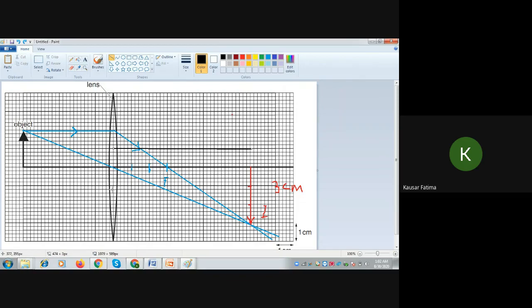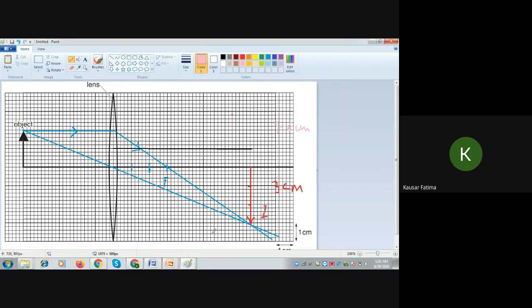Of course, it is more than 5. It will most probably be 7 point something, 7.6, because one small square is 0.2 centimeters. 7.6 centimeter is the image distance, and the height of the image is 3 centimeter.